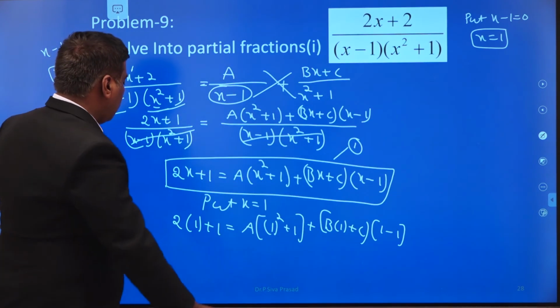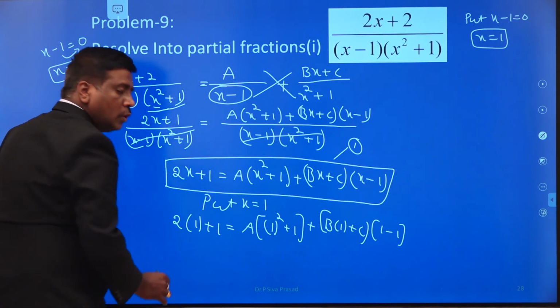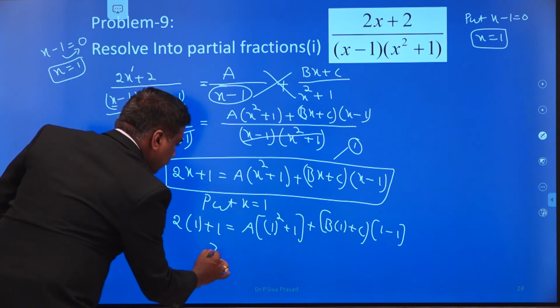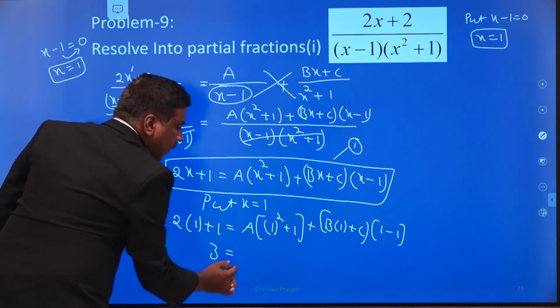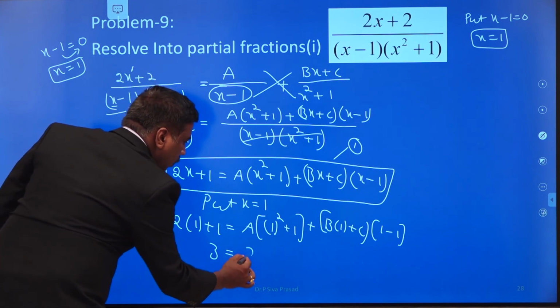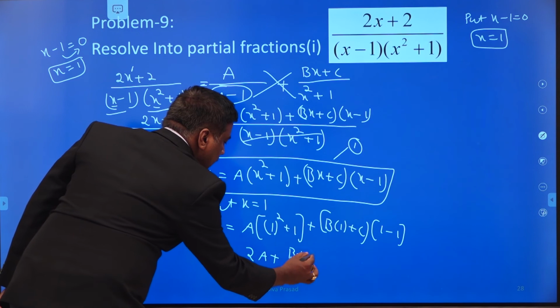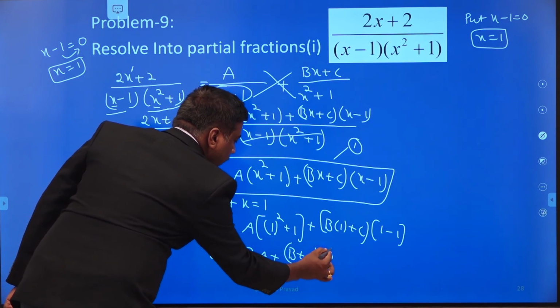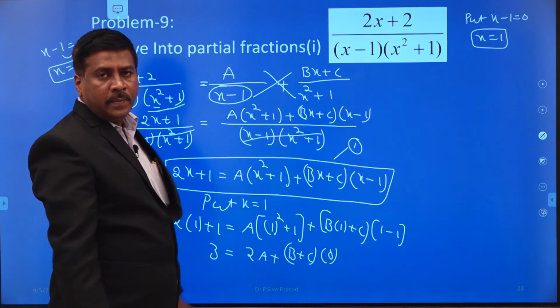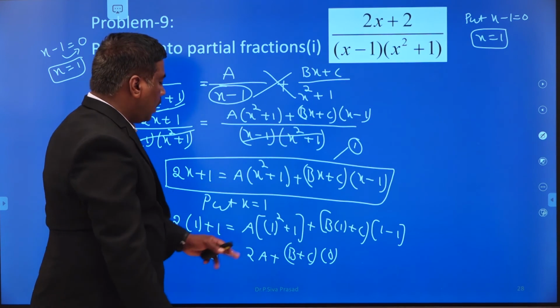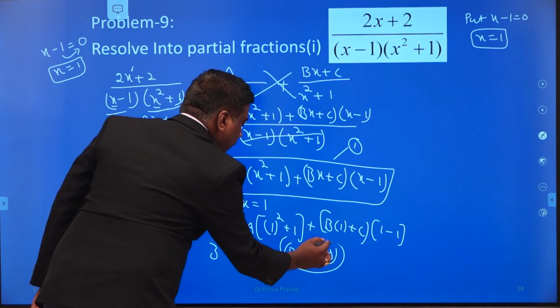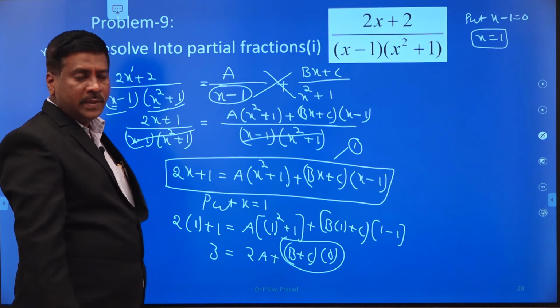Now 2 into 1 means 2 plus 1, that is 3, is equal to 1 square plus 1, that is 2A, plus B plus C into 0. Why? Because 1 minus 1 is 0, so automatically this whole term is 0. When you multiply with 0, the total factor is 0.